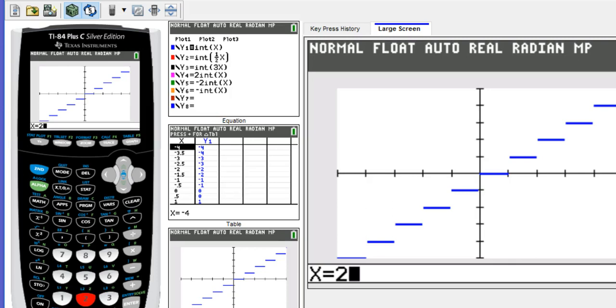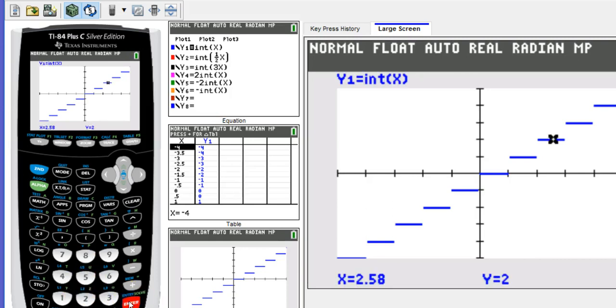Let me see if I can see the points here. 2.58, and hit enter. Look at what my y is. 2. Okay, so I plugged in a 2.58 and it rounded it down to a 2. I didn't round it up to a 3. Isn't 2.58 closer to 3? So there must be something to the definition of a greatest integer. Question.